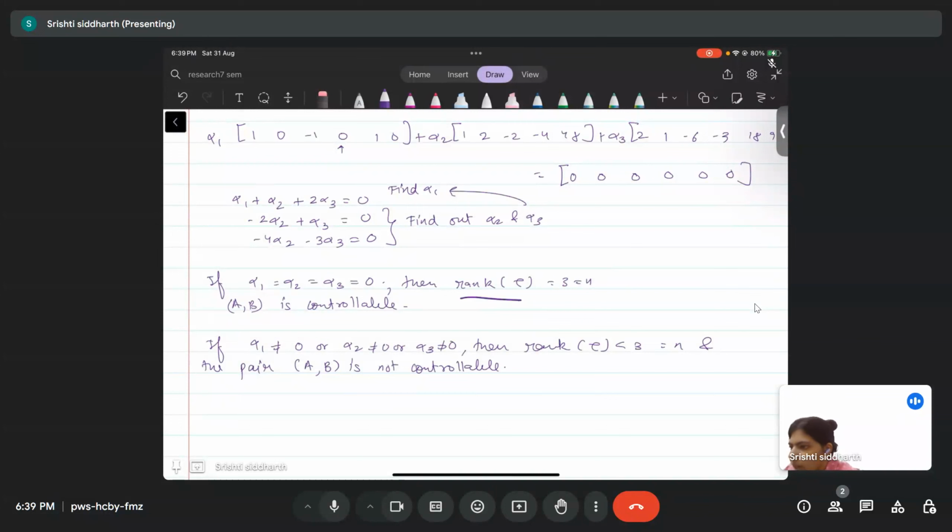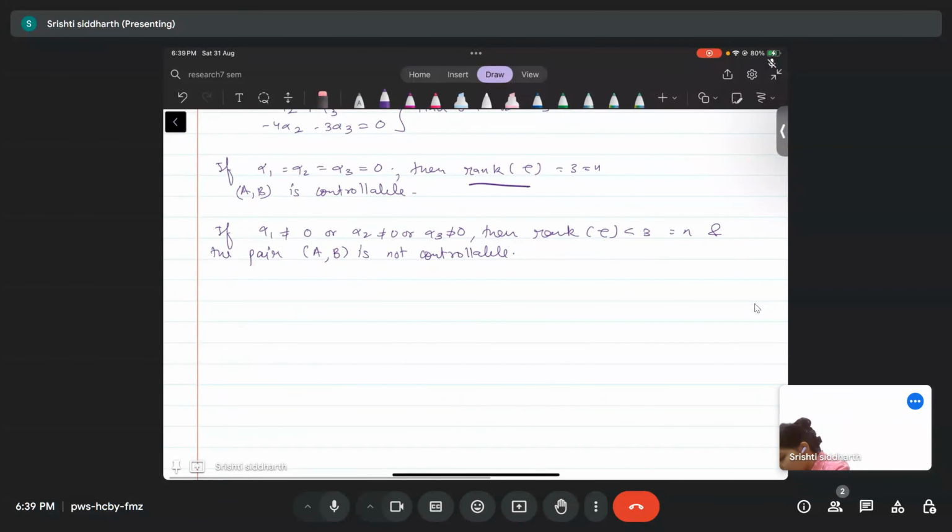So we have already looked at Gilbert's test. So let's see. I'm going to write down some systems which have already been diagonalized. And we just need to check if those systems are controllable or not. Okay, so let's see.